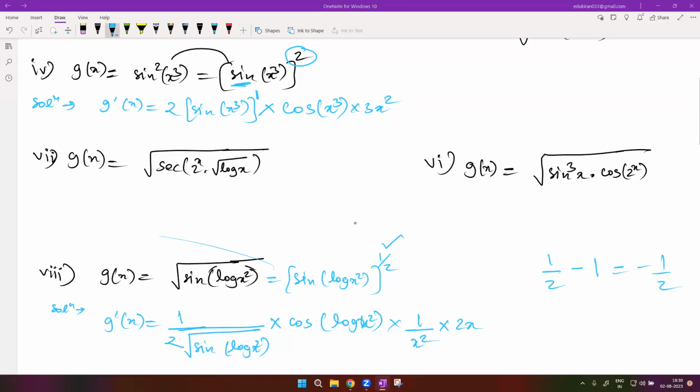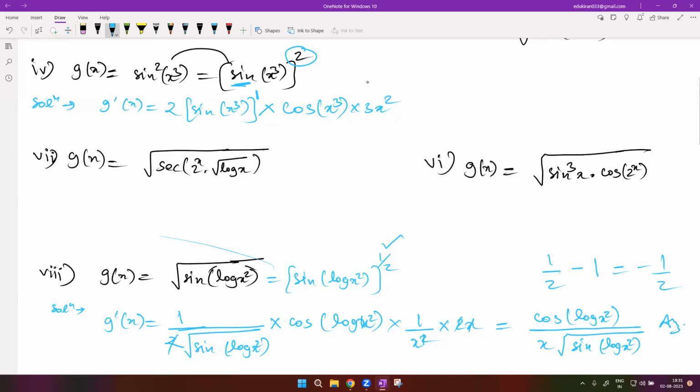Now we can solve this a little further. Look, 2 cancels with 2 and one x cancels with one x. So the final answer will be cos of log of x square divided by, there is only one x, into root over sine log of x square. That will be our final answer in this case.